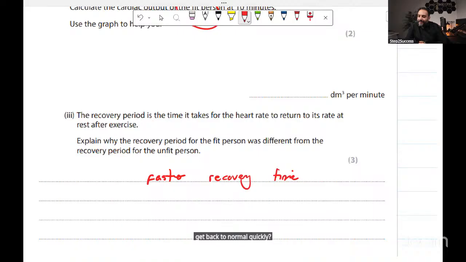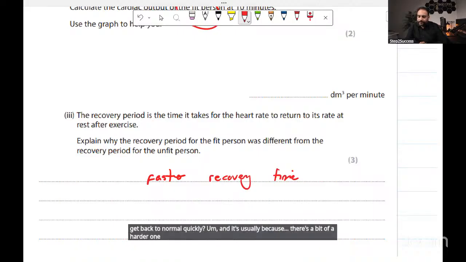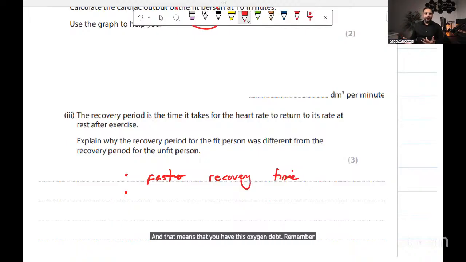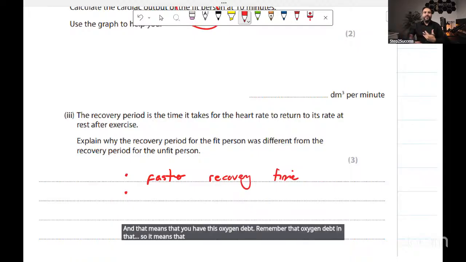And it's usually because there's a bit of a harder one. Actually no, there's an easy answer to this, which is if you are less fit, you are more likely to do anaerobic respiration. And that means that you have this oxygen debt. Remember that oxygen debt? So it means that you're continuing to breathe really heavily afterwards, so you don't recover as quickly.